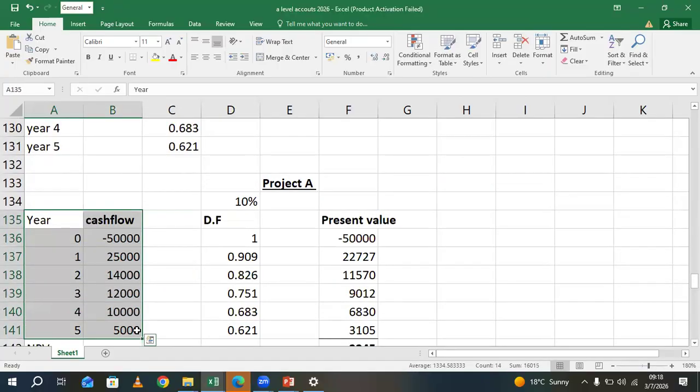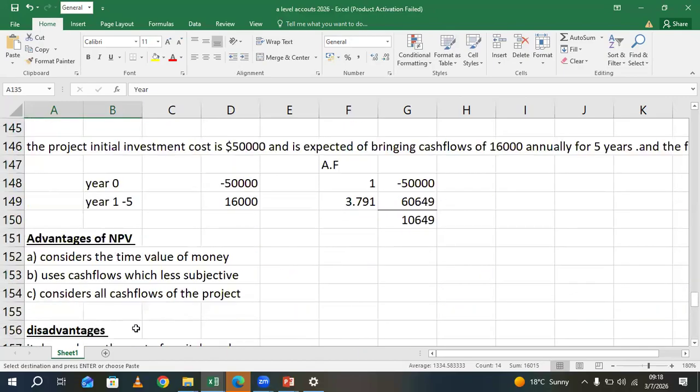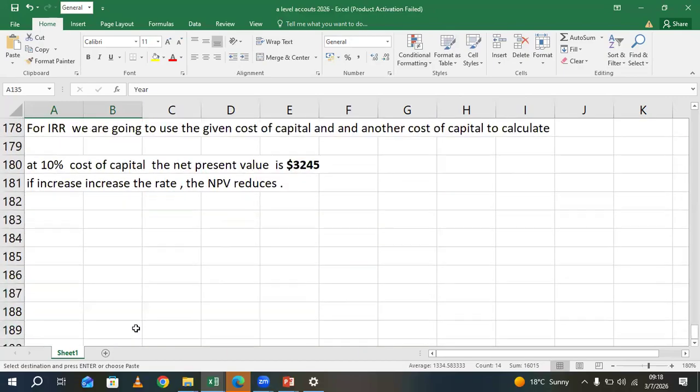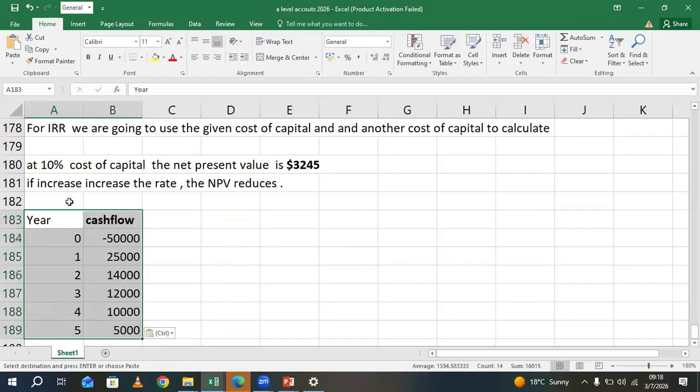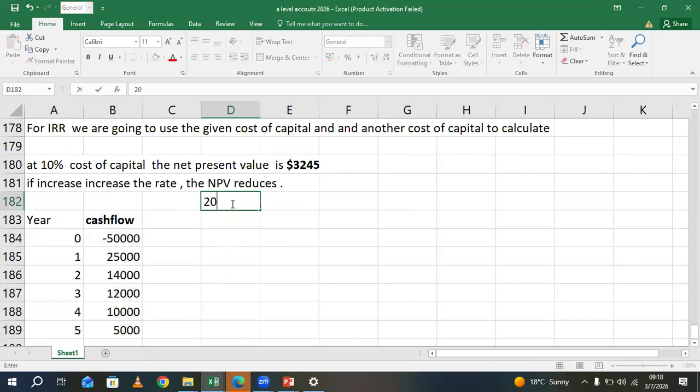The cash flows are not going to change, so let's just have those same cash flows, but now we are using 20% as our discounting rate.